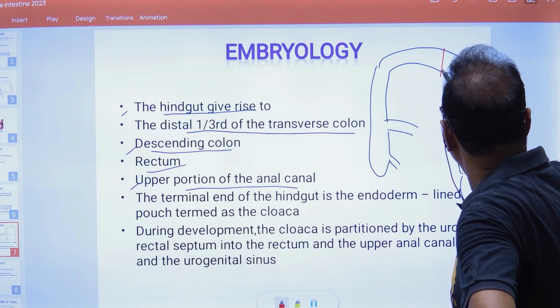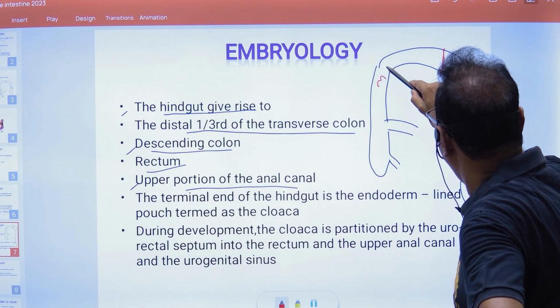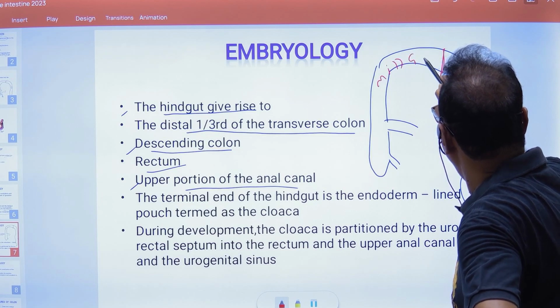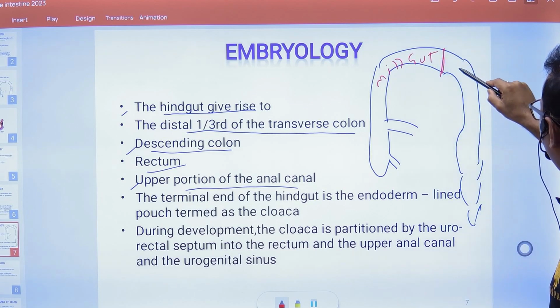This much portion developed from the midgut. And here we have the portion of the hindgut.